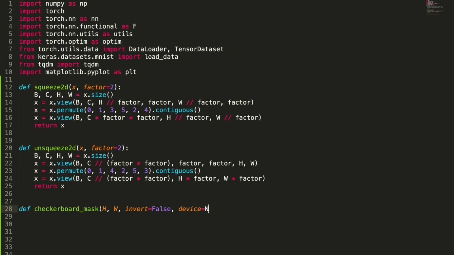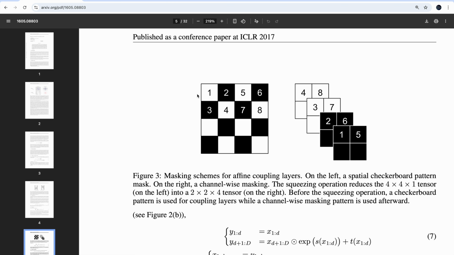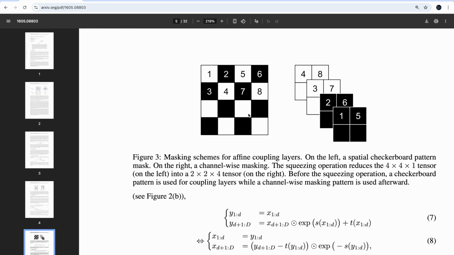Okay, so then what we can implement is the checkerboard mask. That's what is implemented here. As always, I'm just diving into the implementation, not focusing on the paper, but I would invite you to have a read of the paper if you've not done that yet. But basically for Real NVP, in order to be able to compute the Jacobian determinant of the transformation, you only modify half of the dimensions at a time.